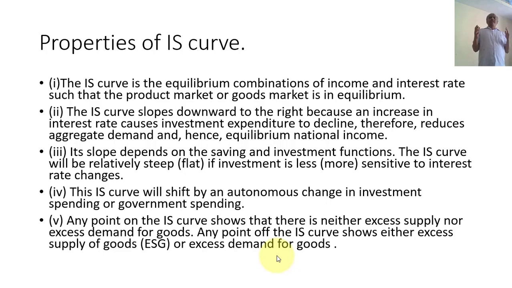Okay, so that is another feature. At any point on the IS curve, there is neither excess supply nor excess demand for goods and services. So that is how the different features of this IS curve have been analyzed.